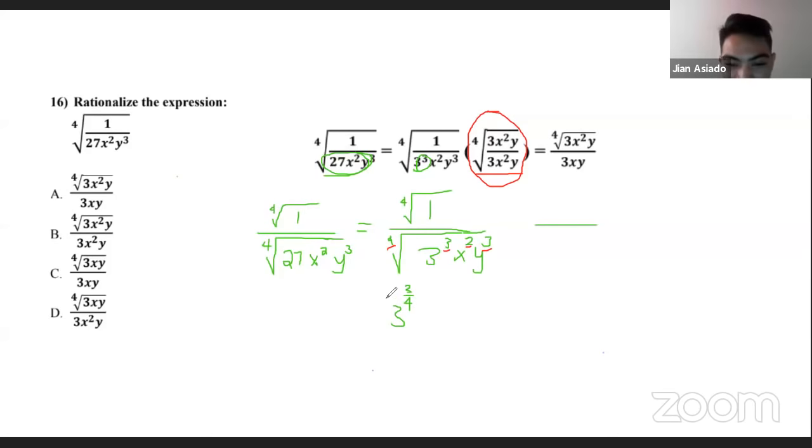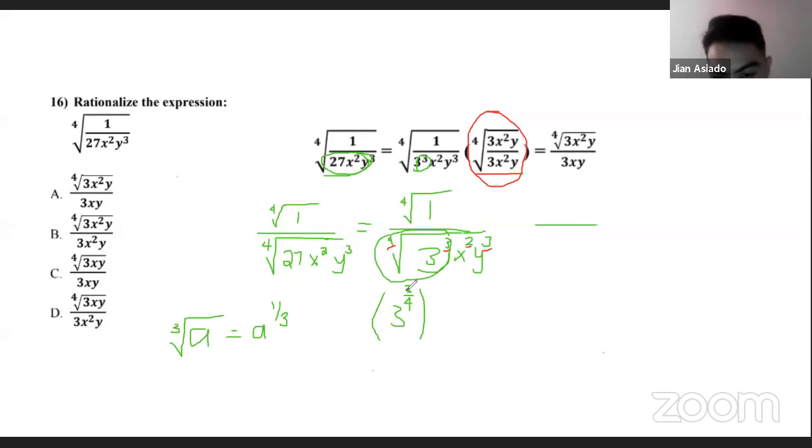Okay, ayan. So this is for the number 3 for this expression. So let's say you're given a cube root, this is equal to a raised to 1/3. So this one, since fourth root siya, so 1/4 multiplied with 3, no?